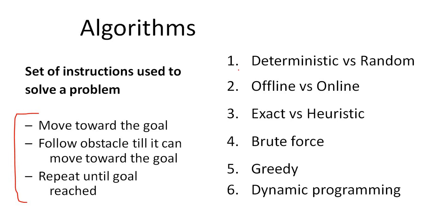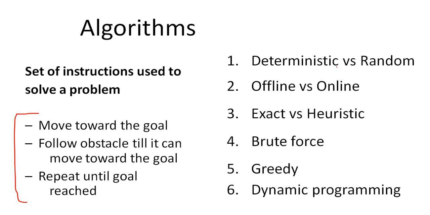Then we have types of algorithms. We have the deterministic algorithm. A deterministic algorithm is a type of algorithm which has the same output for the same input. It means that if the input is the same, then the output will always be the same for these kinds of algorithms.